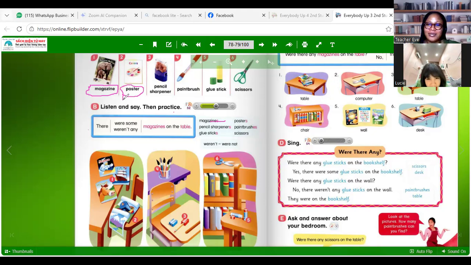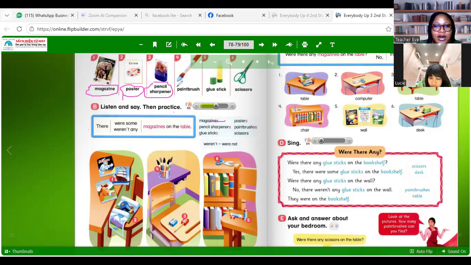Poster. Good. Okay, correct. Then number 3. Pencil sharpener. Again. Pencil sharpener. Good.